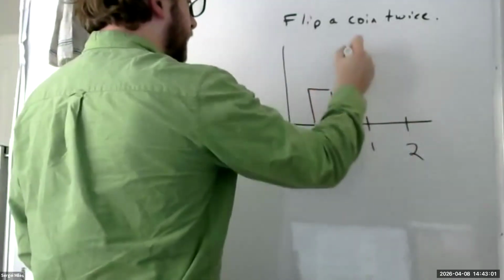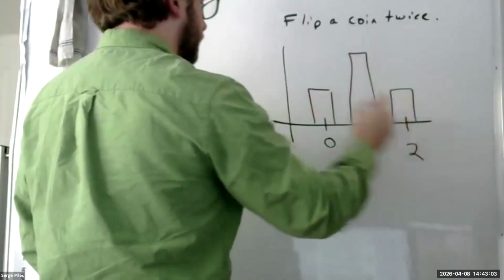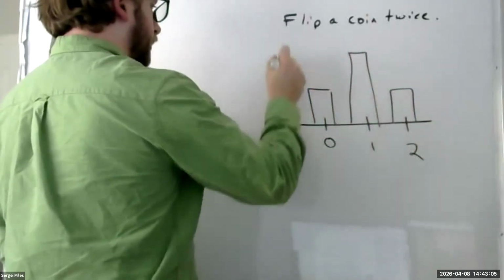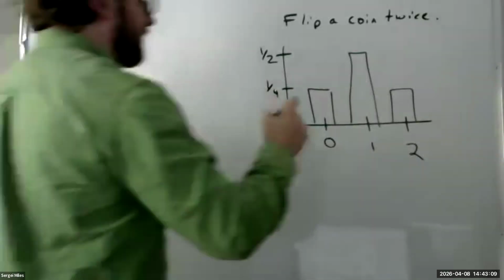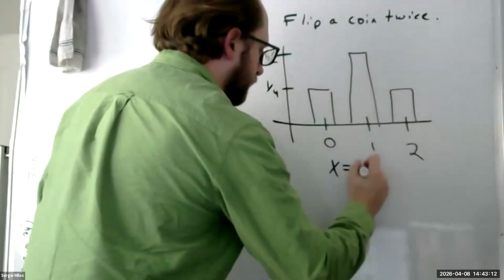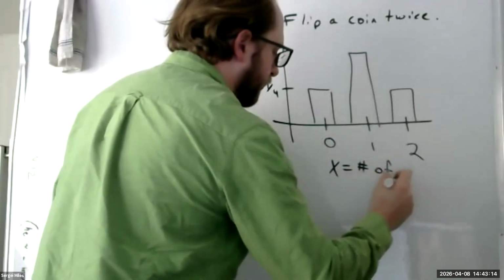And we were able to create this probability distribution, where x is the number of heads resulting from the two flips.